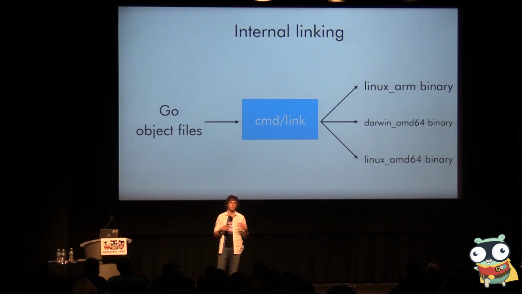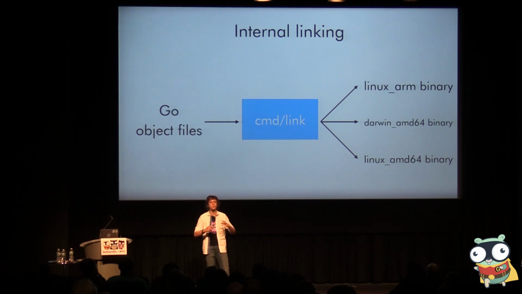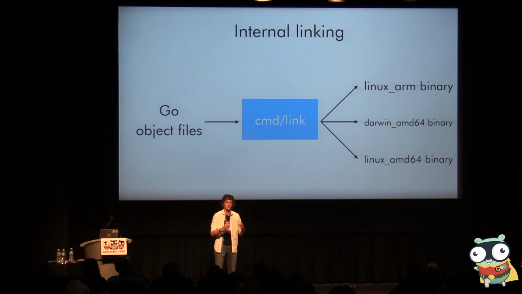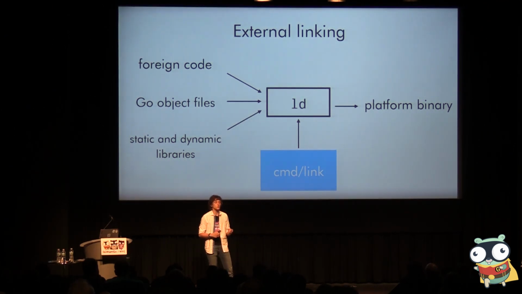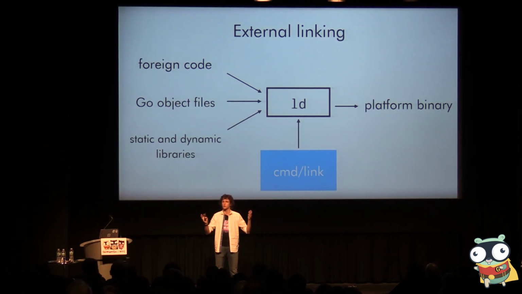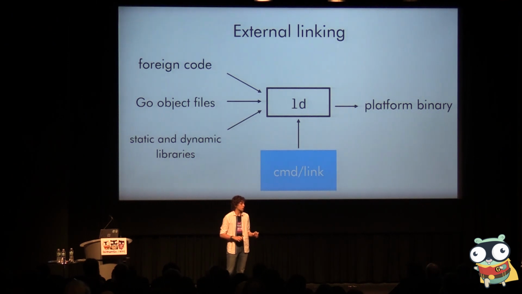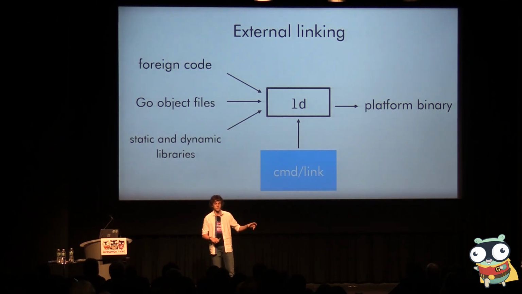But making a linker is a big task, and supporting all kinds of different, they're called relocations, the ways things are connected together between object files, is overkill. So instead, when you need to link something that is not just Go code, which is not made by command compile, so might contain all sorts of weird stuff, instead what command link does is that it invokes a linker from your system.